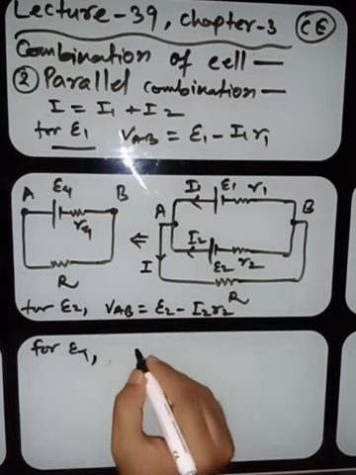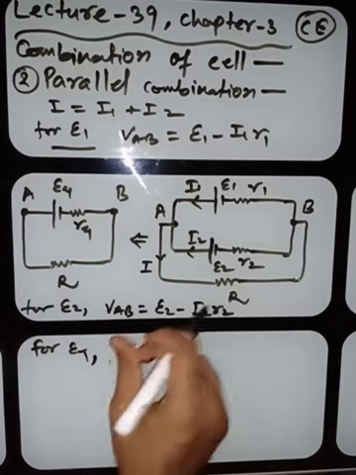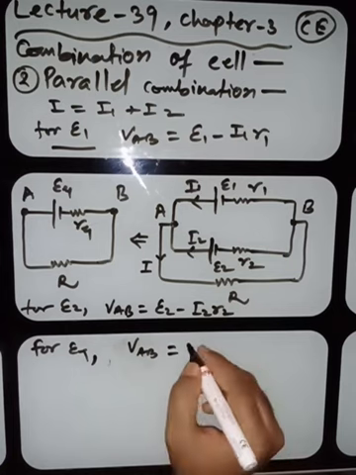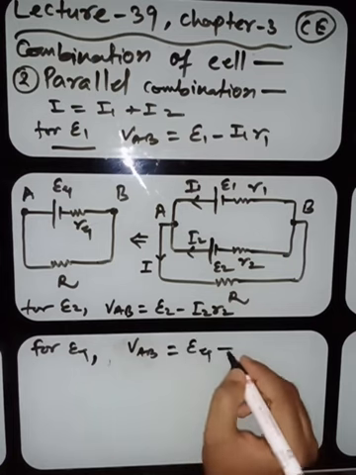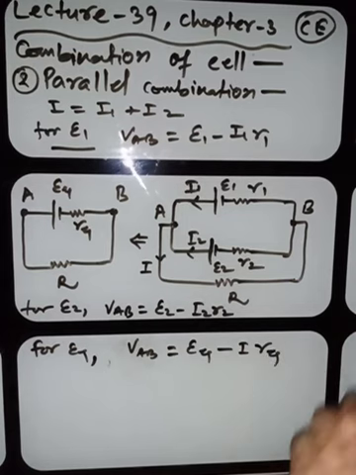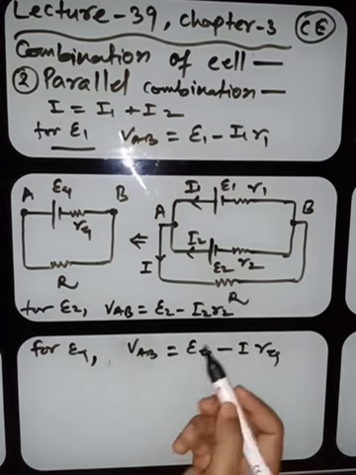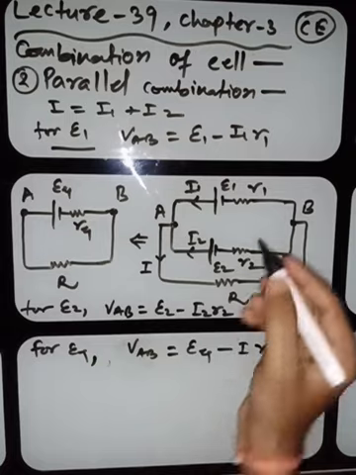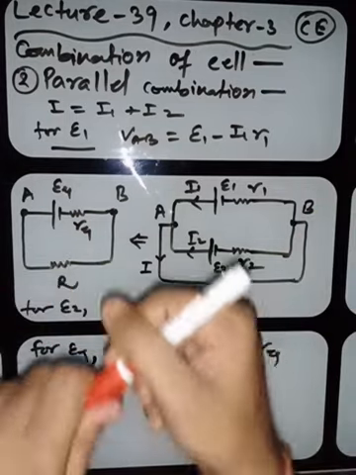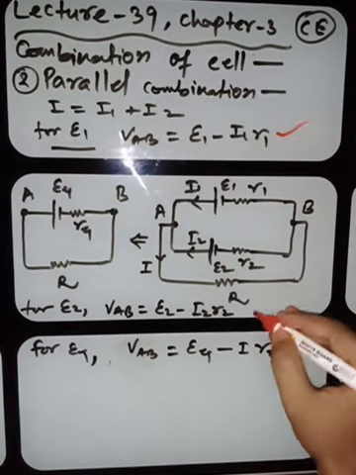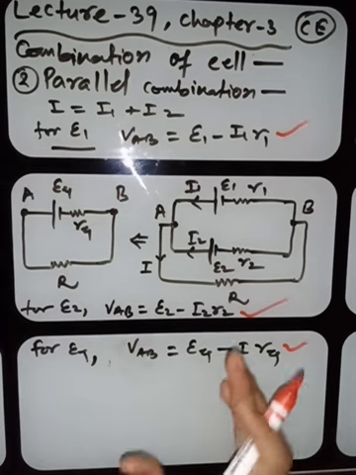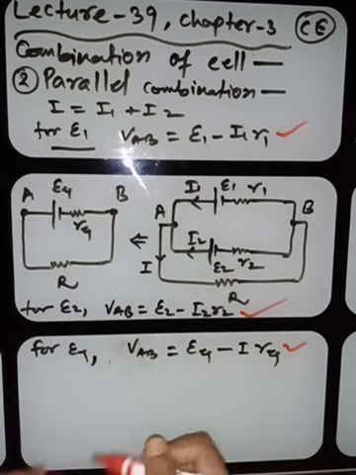You can write VAB equals E equivalent minus I R equivalent. Very simple. Okay. Now try to find out I1, I2 and I from these three equations. These will be your three equations, 1, 2 and 3.